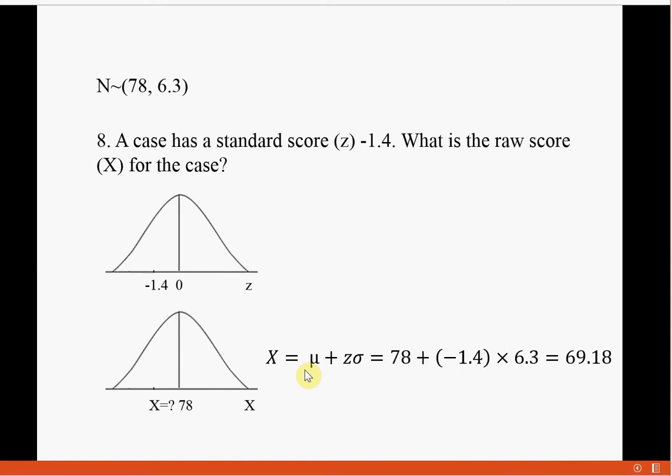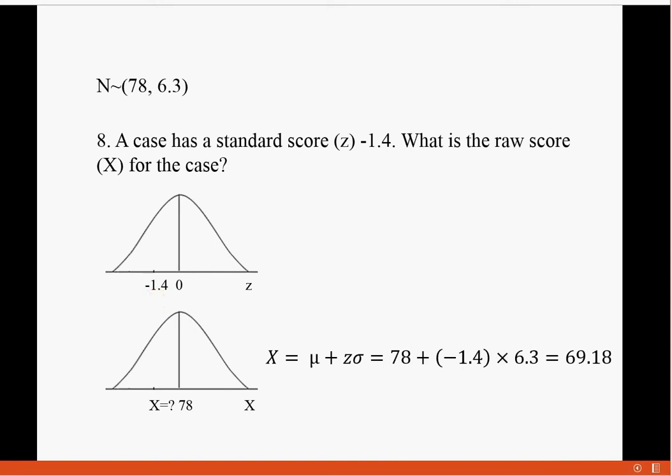This formula tells us that to obtain the value of original variable x, you need to use the population mean plus z-score times standard deviation. We know the mean is 78, standard deviation 6.3. All we need to know now is the z-score, but the z-score in this question is given. You do not need to look up a normal table to find the z-score. The z-score is already given to you.